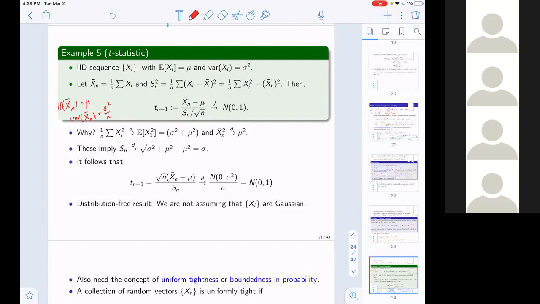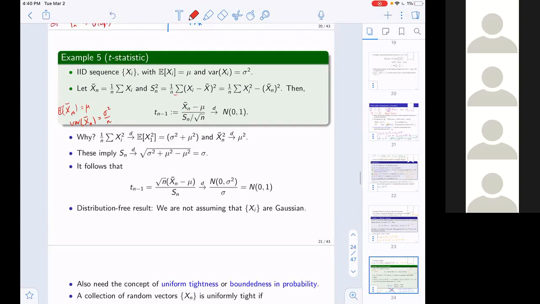And so the result is that if everything was Gaussian, this would have a t distribution with degrees of freedom n minus 1, if you recall classical statistics. But here I'm not putting any assumptions on the distribution of this IID sequence, besides the fact that they're IID and have finite mean and finite variance.